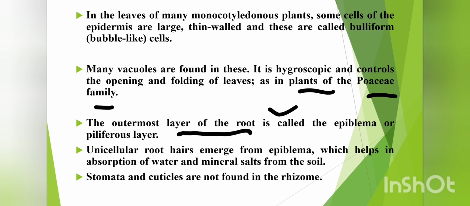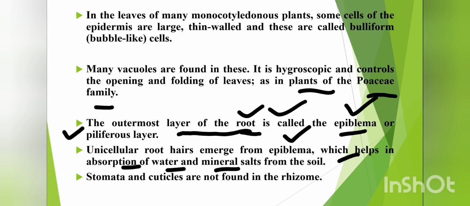The outermost layer of the root is called epiblemma or piliferous layer. In roots, the outermost layer is called the piliferous layer or epiblemma, but in the case of the stem it is called epidermis. Unicellular root hairs emerge from the epiblemma, which helps in absorption of water and mineral salts from the soil.